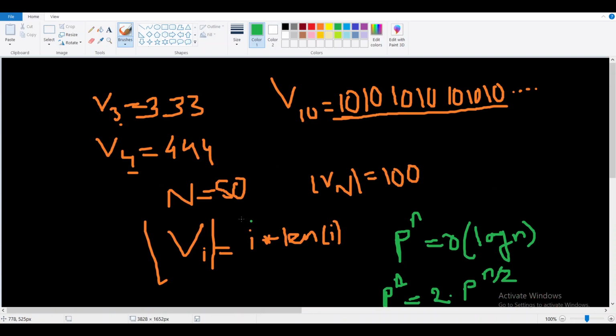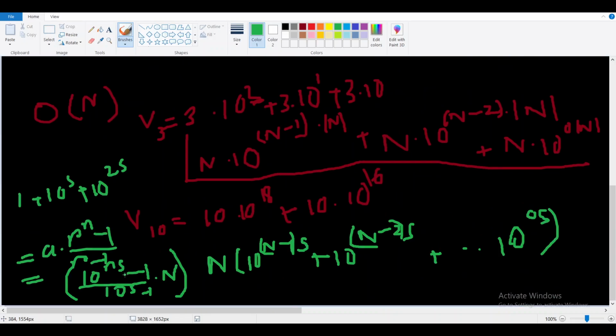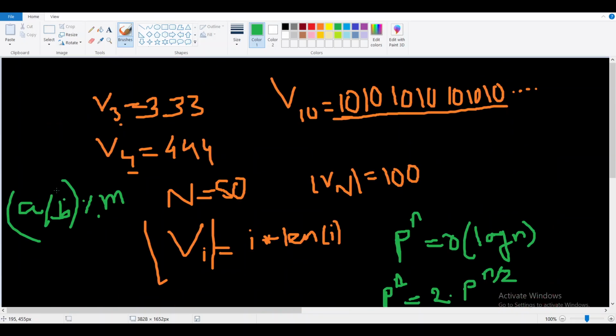Another thing that is needed here is that when we are trying to find a by b modulo something. Here you can see that we are finding 10 to the power n s minus 1 divided by 10 to the power s minus 1. We can't really divide a by b with modulo m, because this could be a float number also.